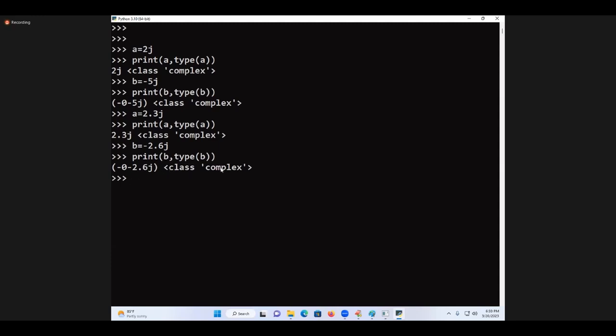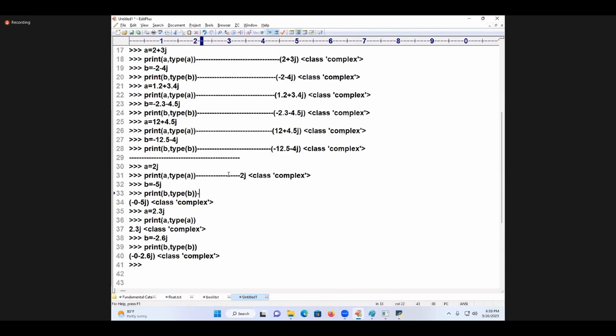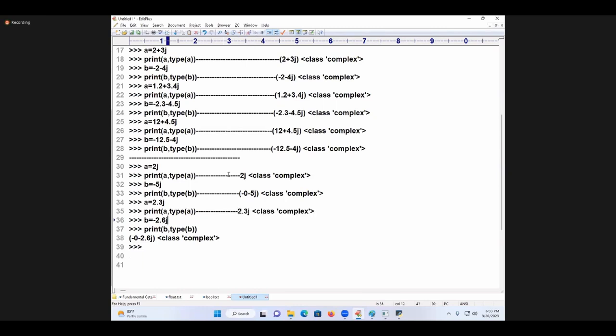Did you understand my point? Yes. So this is also one more type of point here. This is called only imaginary part. The real part I did not mention here. So here I am getting minus 2.6, it is going to print something like this.